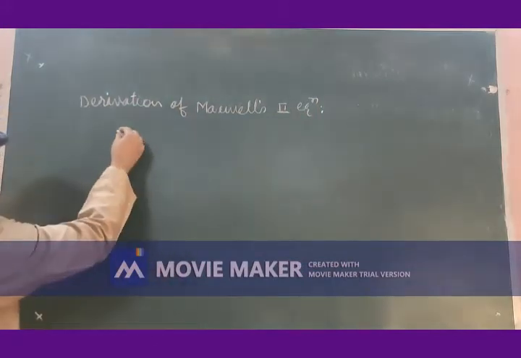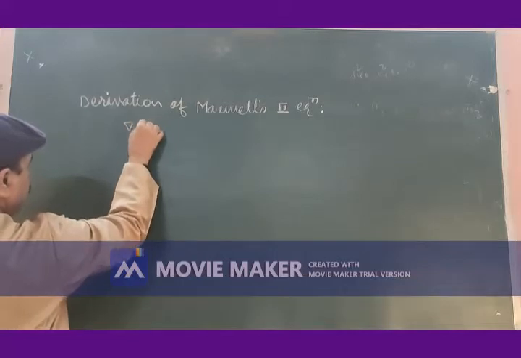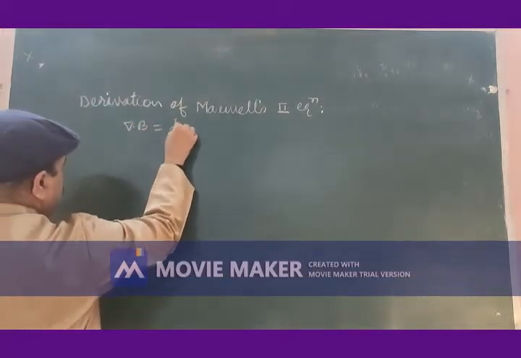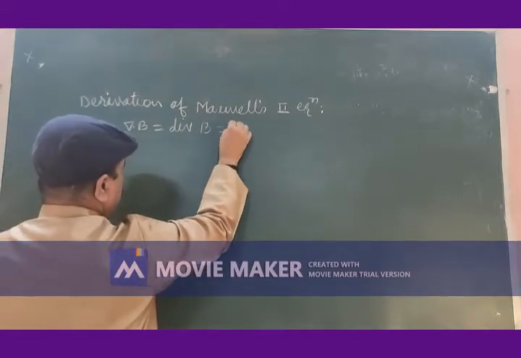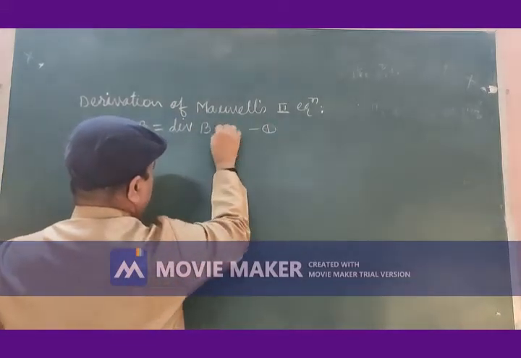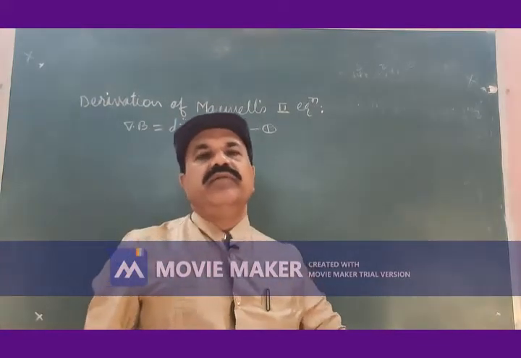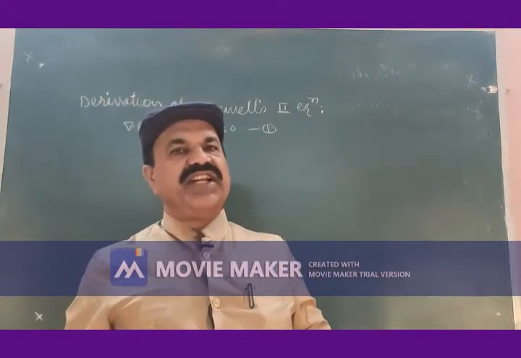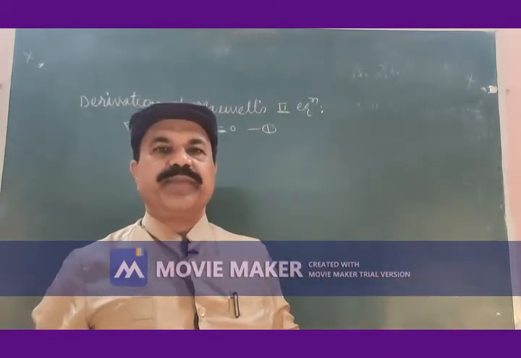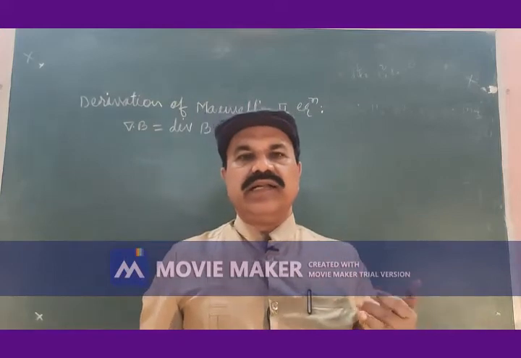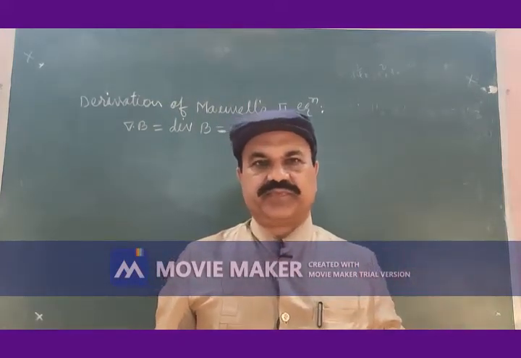And that is derivation of Maxwell's second equation, divergence of B or del dot B is equal to 0.